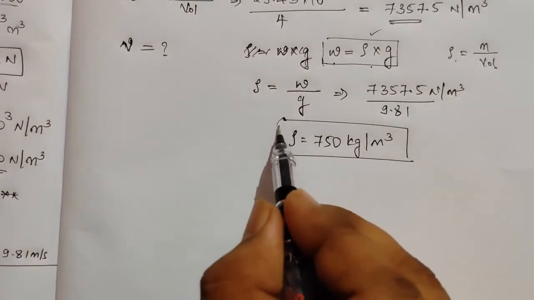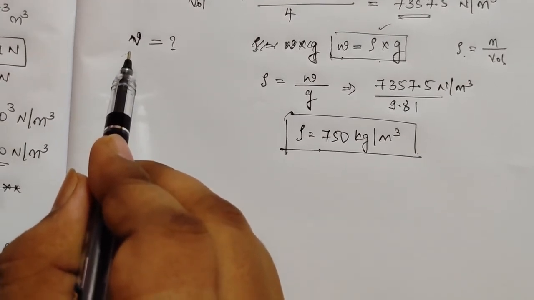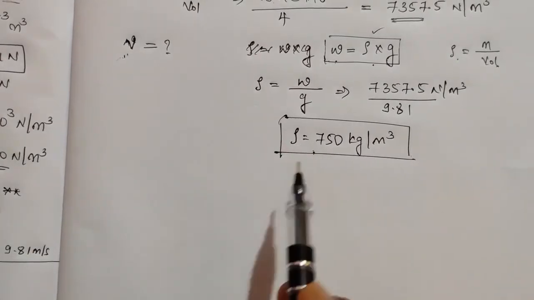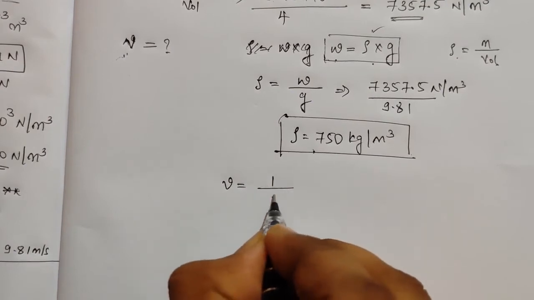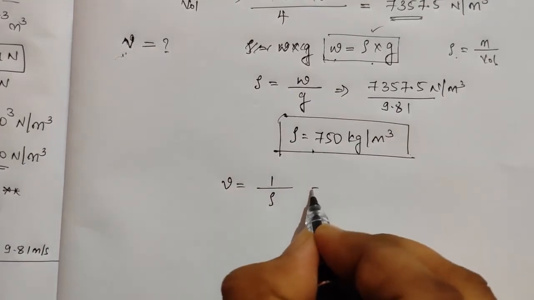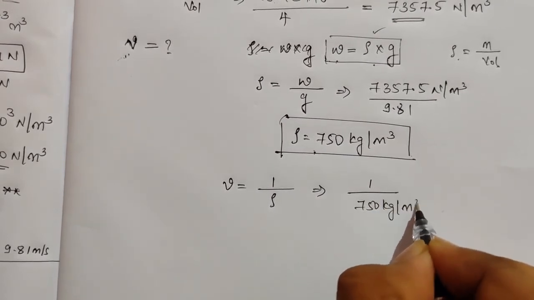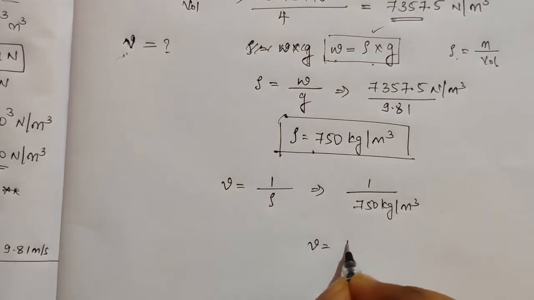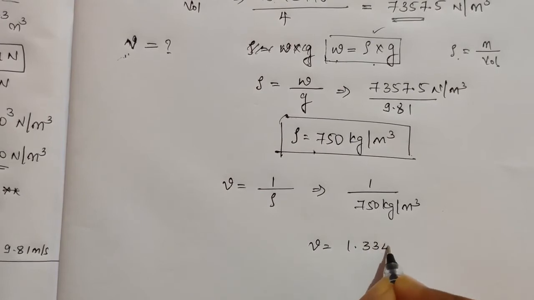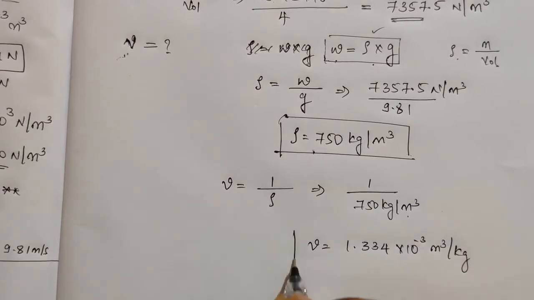Once I get the density, I can find the specific volume very easily. The specific volume is nothing but the reciprocal of the density. So 1 divided by 750 kg per meter cube. If I solve this, I'll get the specific volume equal to 1.334 into 10 power minus 3. The unit is the reverse, meter cube per kg.